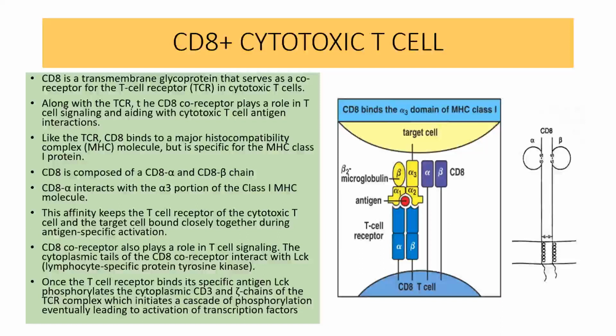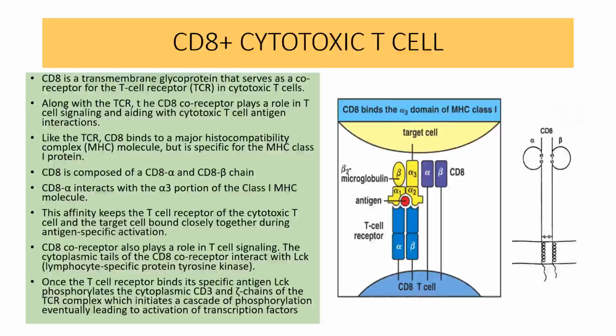CD8 alpha interacts with the alpha 3 portion of the class 1 MHC molecule. The class 1 MHC molecule has two chains, alpha chain and beta 2 microglobulin. The alpha chain has three segments, alpha 1, alpha 2 and alpha 3.